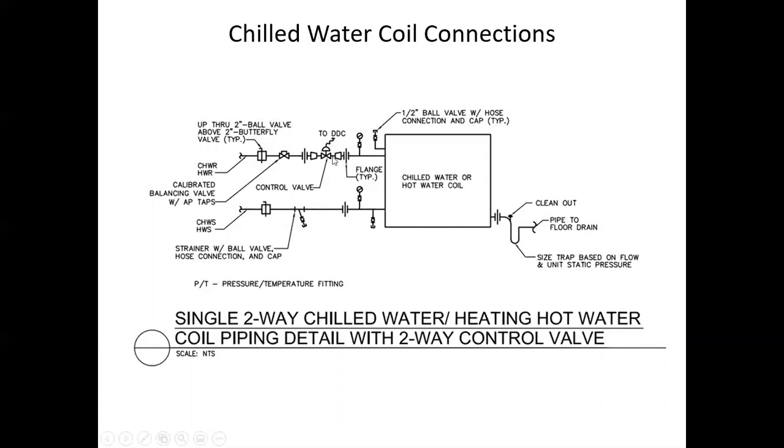This pipe size would go down to the valve, and then expand back up to another union. Balancing valve, which you do need to include, and another butterfly valve. Of these components, you certainly need 2 butterfly valves, a balancing valve, a strainer, a control valve, and the coil. I would say that's pretty good to include in your design.